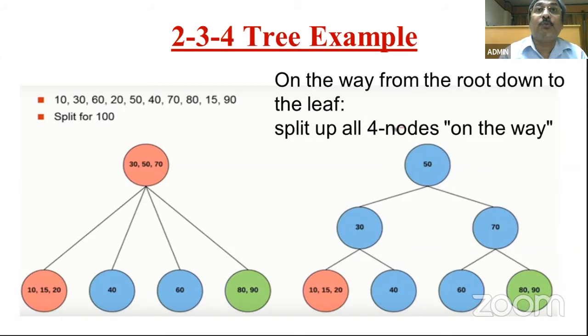So this is a huge deviation from the definition of binary search tree vis-a-vis a 2-3 tree or a 2-3-4 tree. I cannot have a node which has a left child but not a right child. I cannot have a node which has a right child but not a left child. Right? I cannot have them. At the leaf nodes, all these children are null.